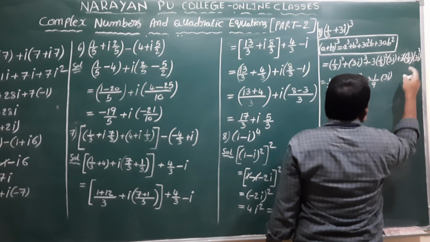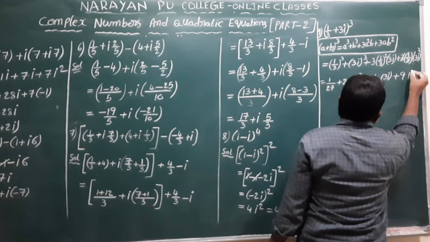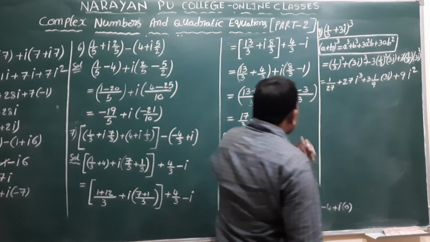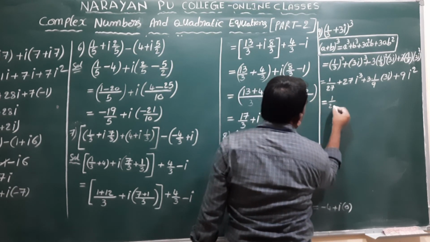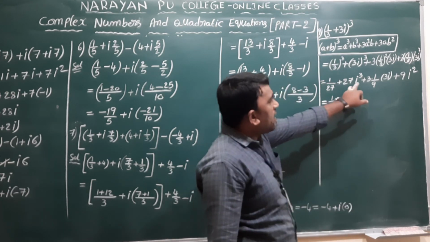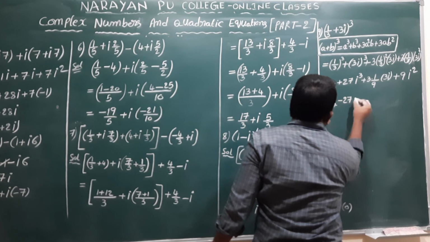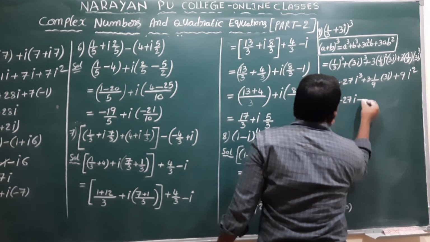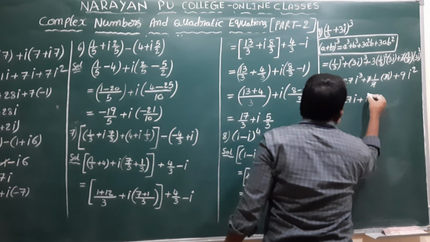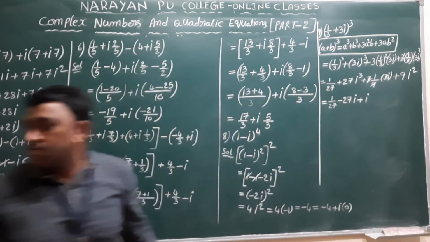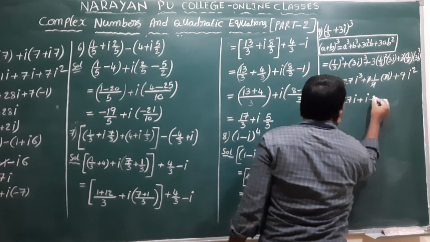Here 3 will cancel. 3i whole square, 3 square is 9, i square is i square. 1 by 27, we know that i cube value is minus i, minus into plus, minus 27i, plus 3 and 9 both will be cancelled, plus i. I square value is minus 1.